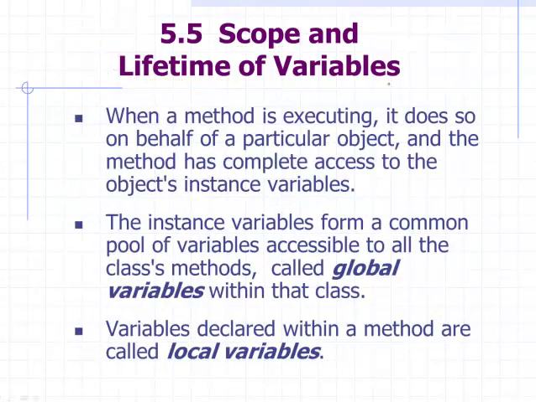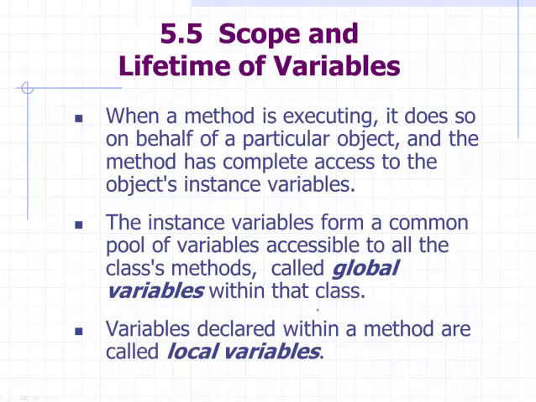When a method's executing, one of the objects had to call it. A particular student object calls the setName method. The method is inside the object, and so it has access to all of its own private data members, all of its own instance variables.